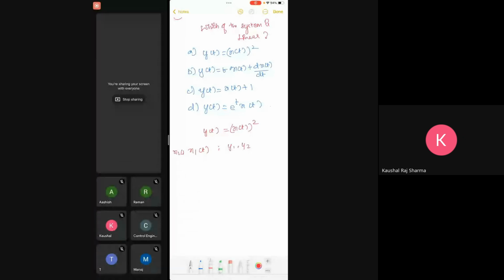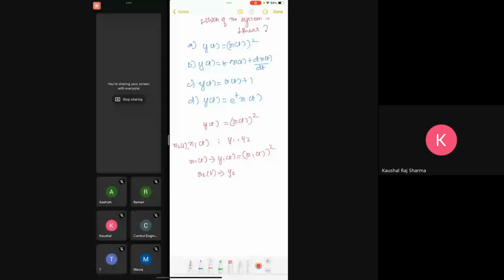So I will get two operations, right? So when I apply x1 of t, that gives y1 of t, it will become x1 of t the whole square.